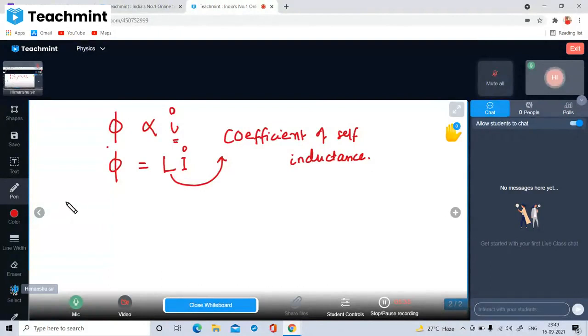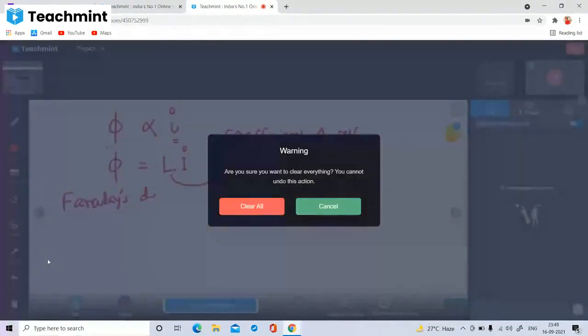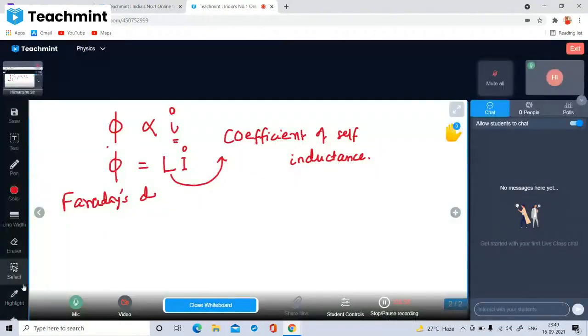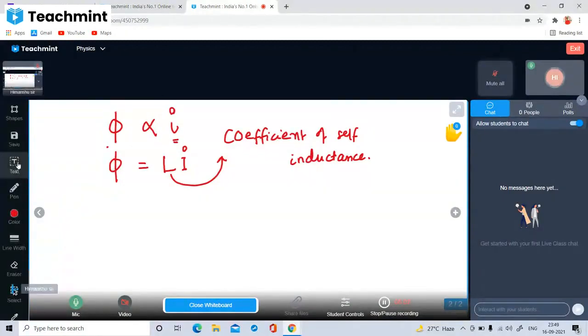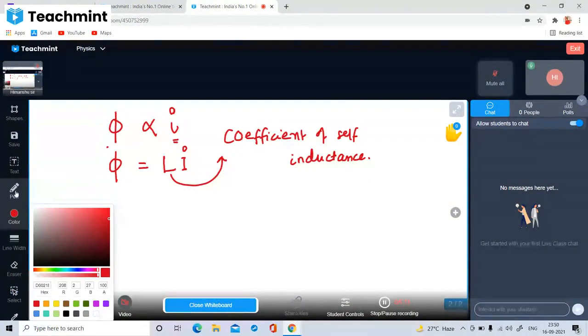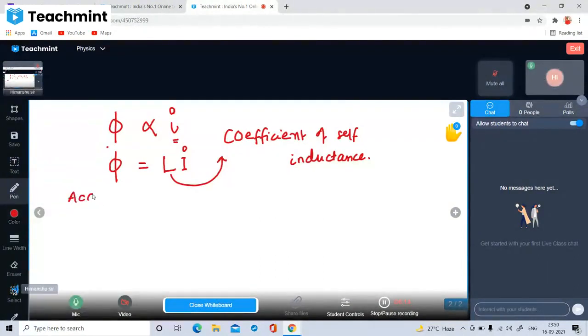Now, according to Faraday's law, which law? Second law.